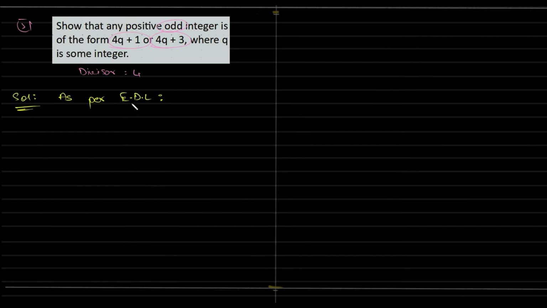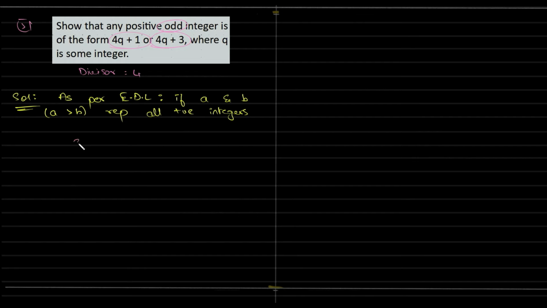So as per Euclid division lemma, we have if A and B, where A is greater than B, represent positive integers, right?